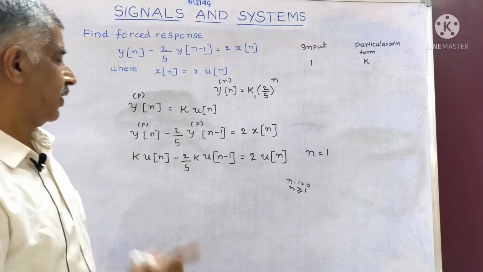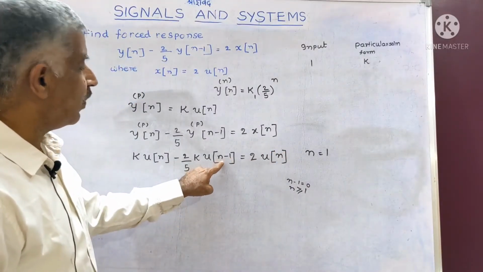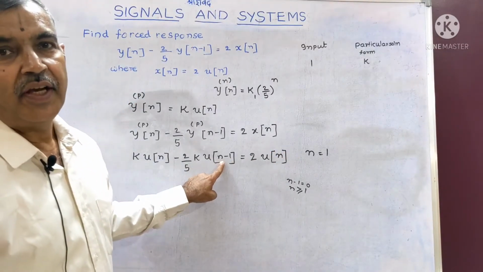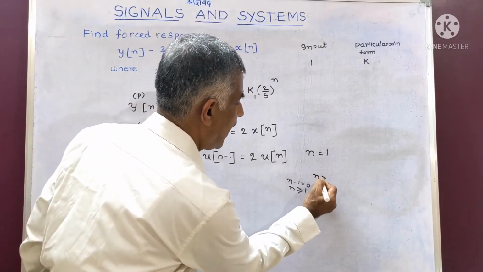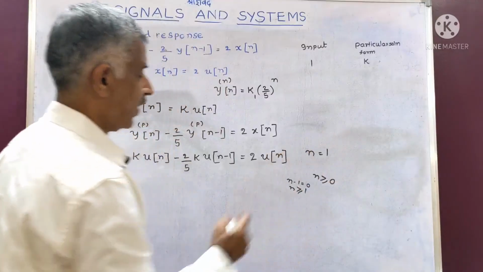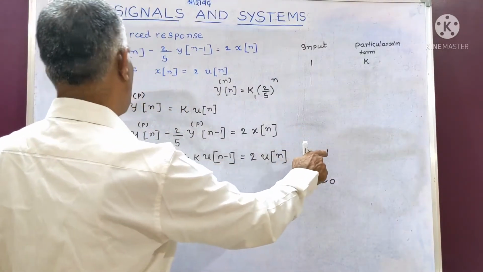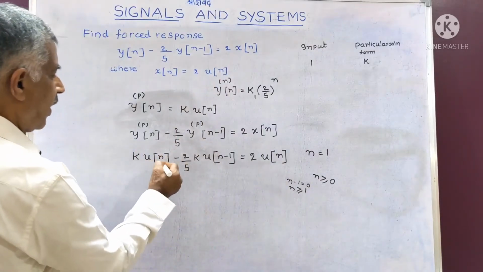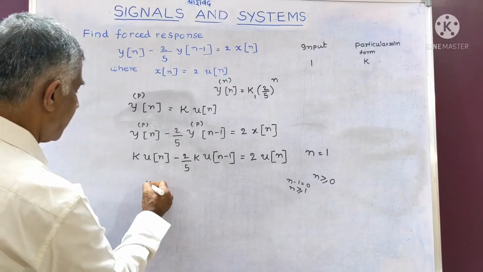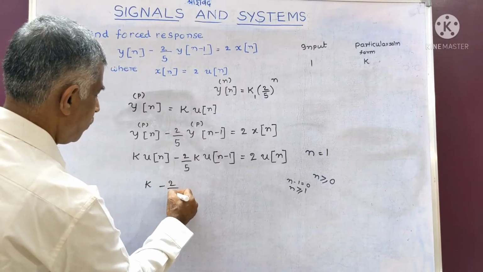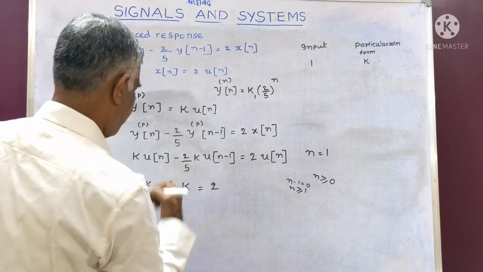So in this equation, I take n equal to 1, and all three become 1. Therefore, k minus 2 by 5 k equal to 2.